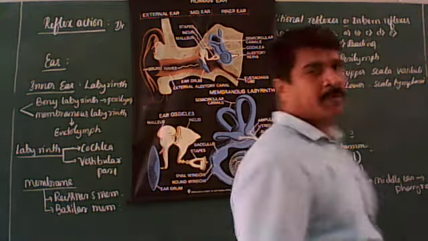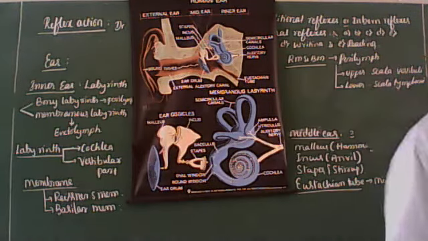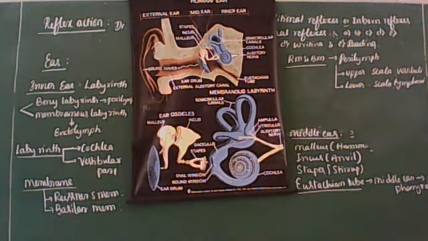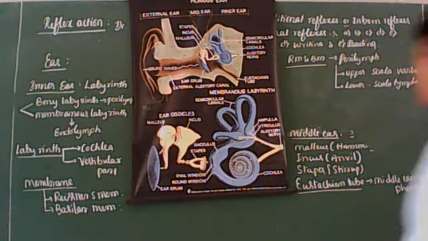That also you should remember. Both Reissner's and basilar membrane divide the surrounding perilymph into upper scala vestibuli and lower scala tympani. Look at the board.